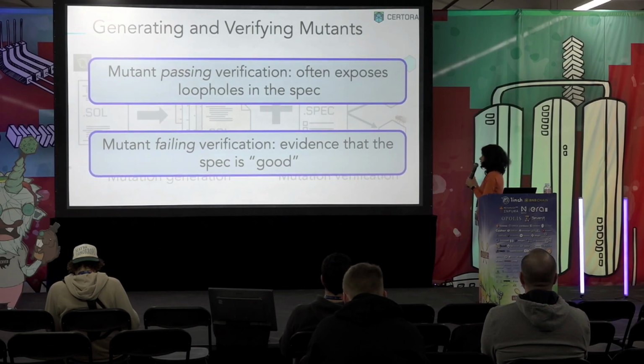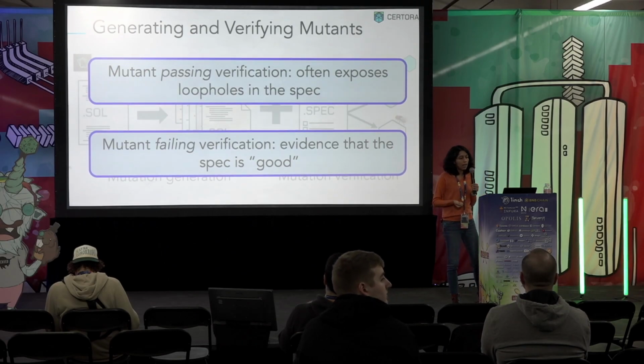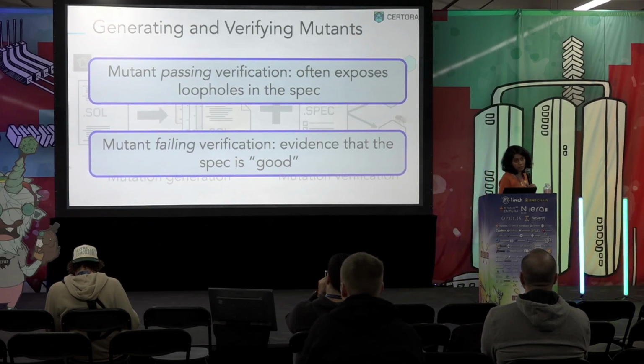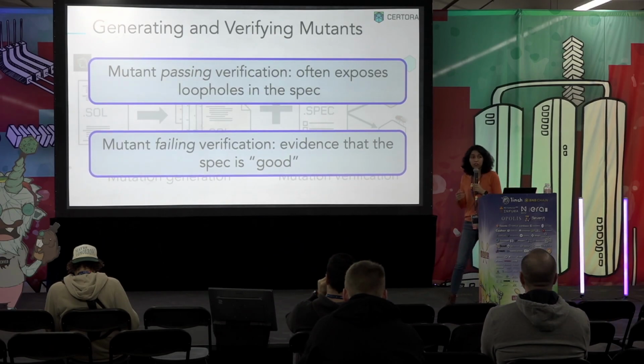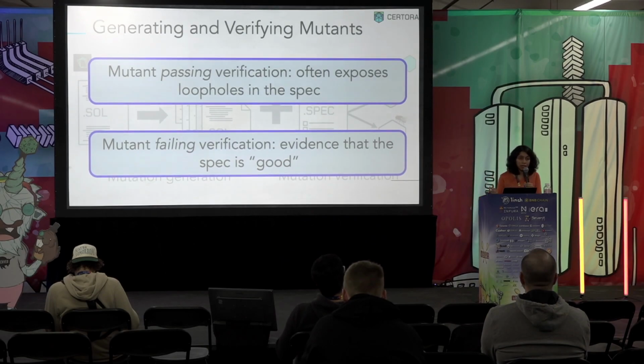When a mutant passes verification, it's actually bad. It means that something is missing in your specification, and you should go and evaluate your spec and maybe improve it. And if the mutant fails verification, that means that you did a good job. You wrote a good spec, and you have some evidence that if there is a real bug, your spec will actually catch it.